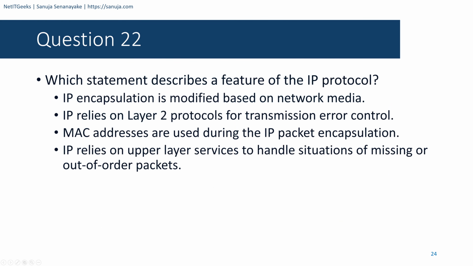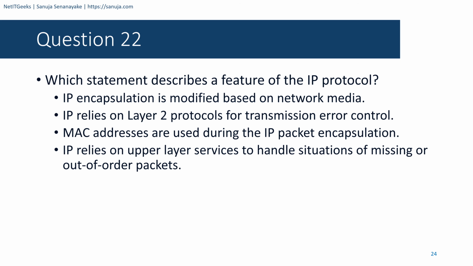Question number 22. Which statement describes a feature of the IP protocol? IP encapsulation is modified based on network media. IP relies on layer 2 protocols for transmission error control. MAC addresses are used during the packet encapsulation.